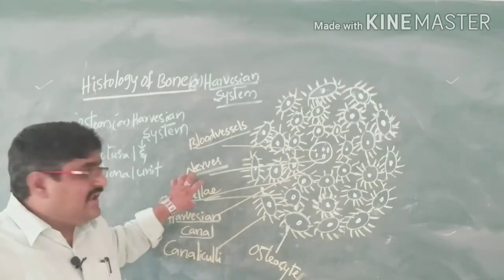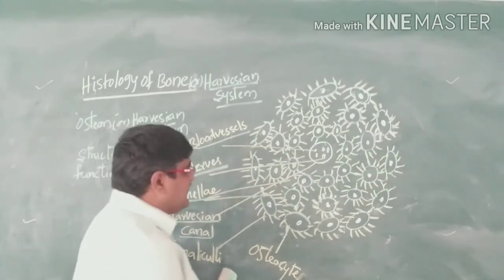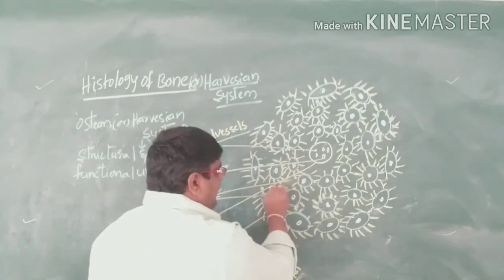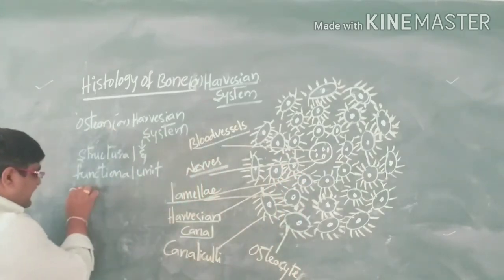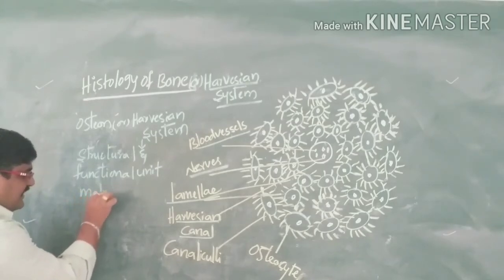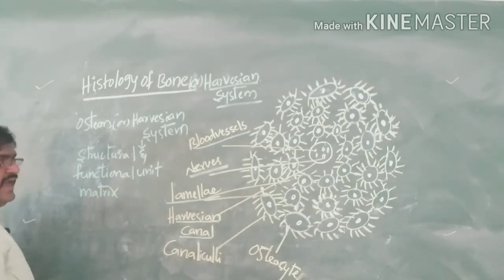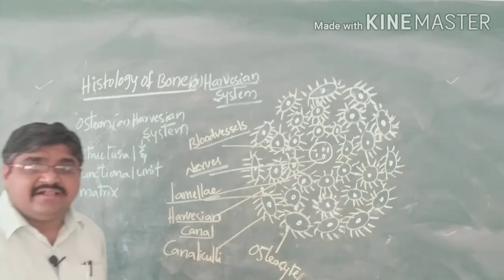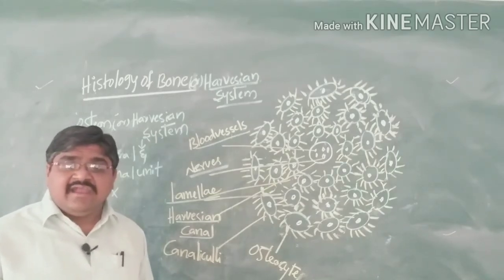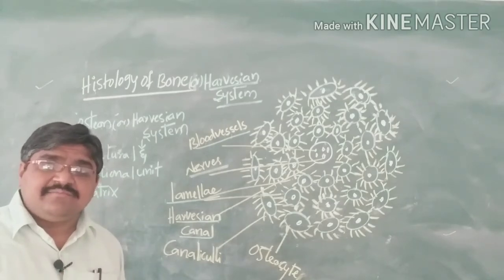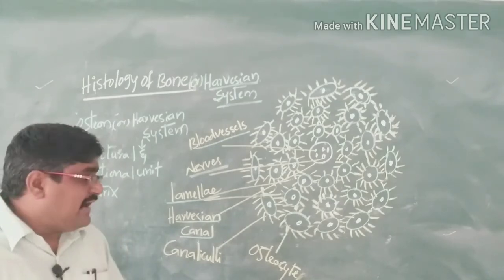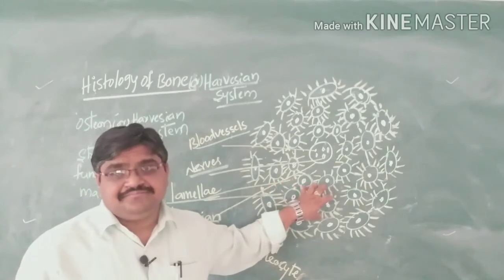Inside the lamellae there is a dense matrix. This matrix consists of collagen fibers, and also an inorganic component, which we call calcium phosphate, present in the matrix of the bone.